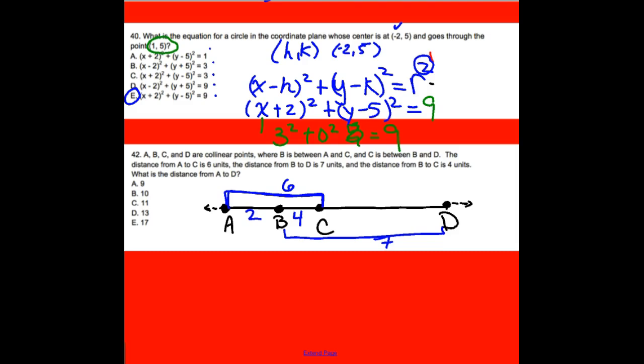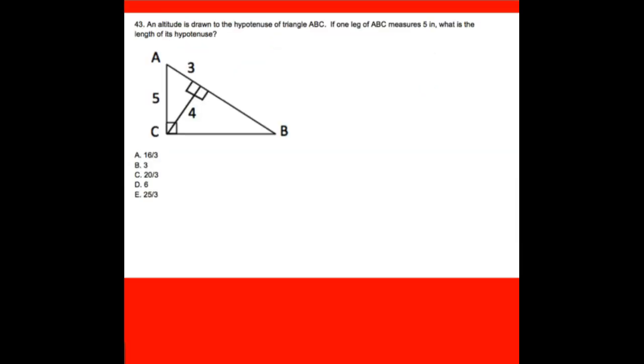So the question is, what's the distance from A all the way to D? Well, I don't even need to find CD, because it's 2 from here to here, and then 7 all the way here. So 2 plus 7 yields 9. Answer A.